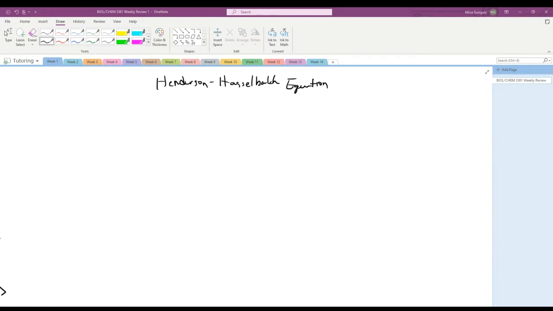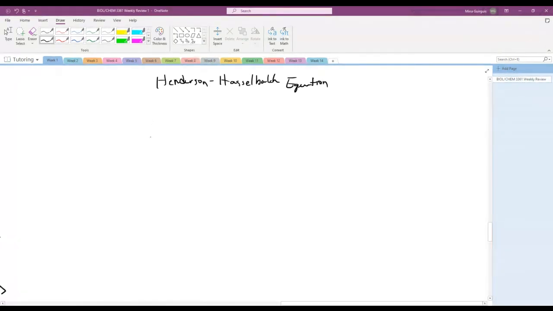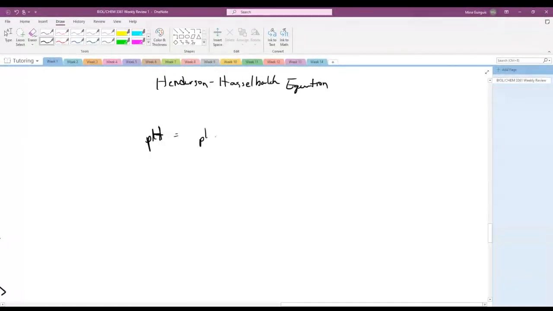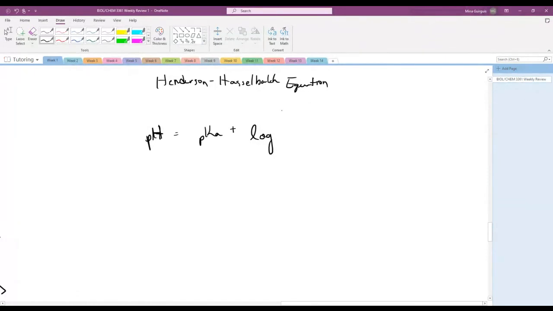Okay. So the formula is pH equals pKa plus the log of the conjugate base over the weak acid. Let me make sure I don't misspeak.